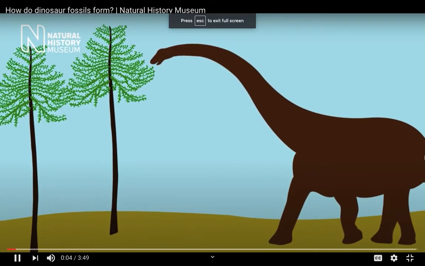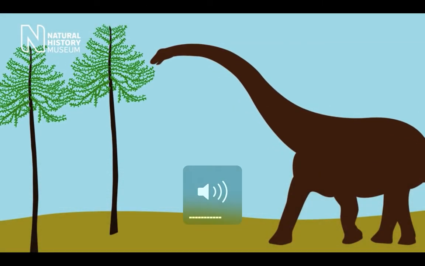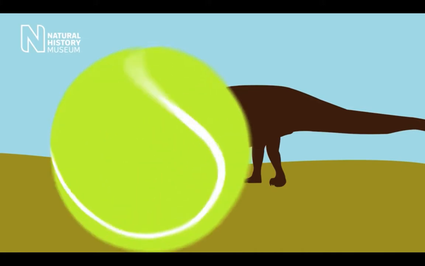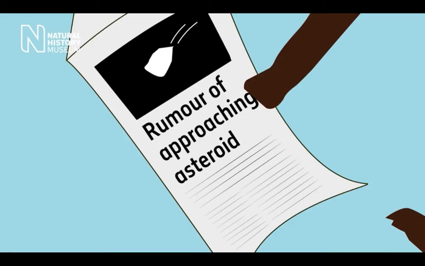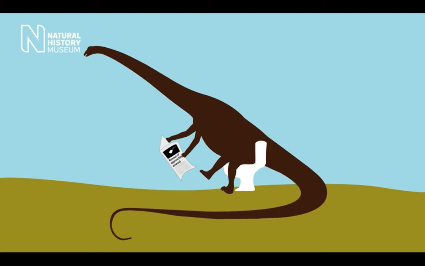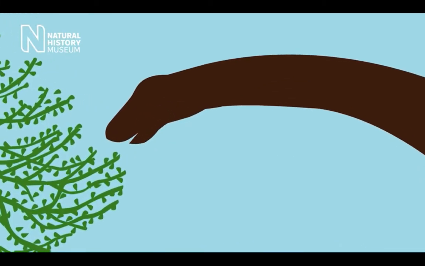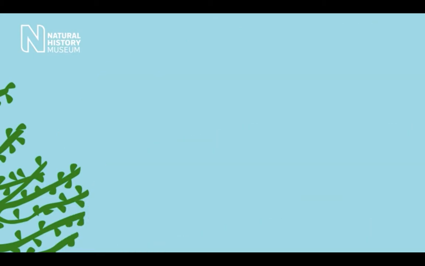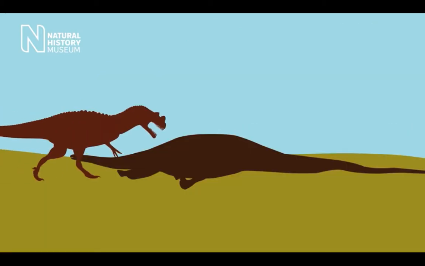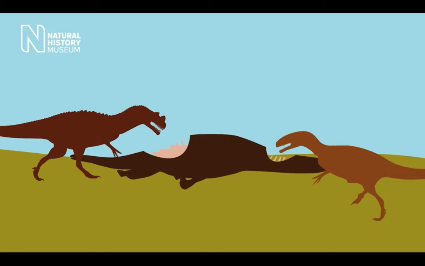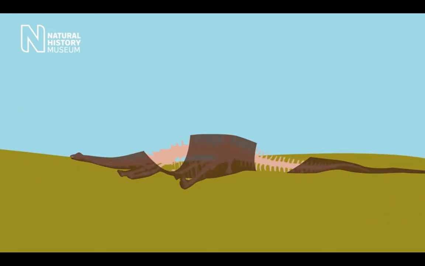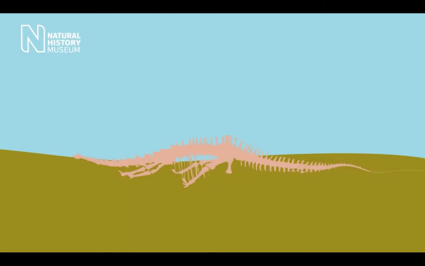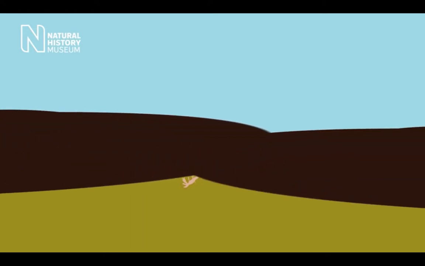Millions of years ago, this dinosaur was going about his normal daily life. But his day went from good to bad, really bad. After he died, other dinosaurs ate him, and the rest of his skin and muscles rotted away, leaving just his bones. These were quickly buried by mud.